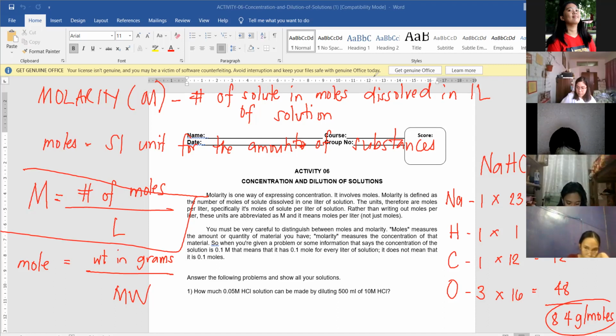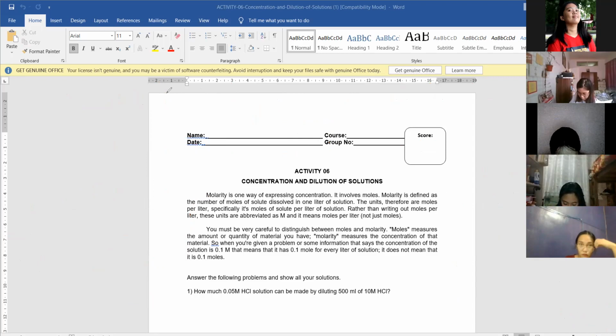Now let us try to use that in the computation of our concentration in molarity. Example, you are asked to prepare NaCl solution.